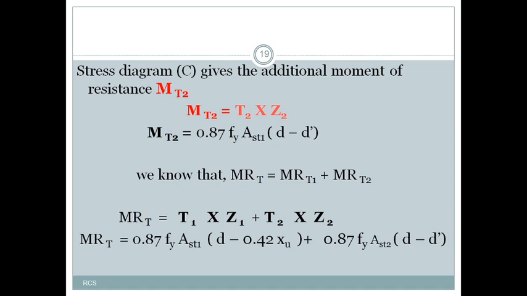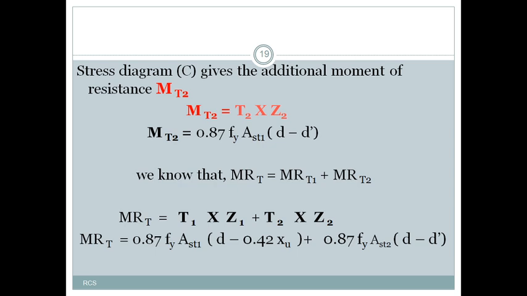Right, but this formula will not be allowed in the calculation of moment of resistance for a doubly reinforced beam. What is the reason? Here we have AST1 and AST2. In what proportion can you split the reinforcement provided in the tension zone into two different areas?